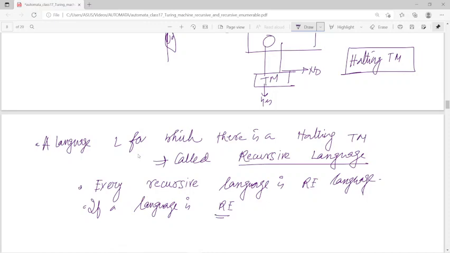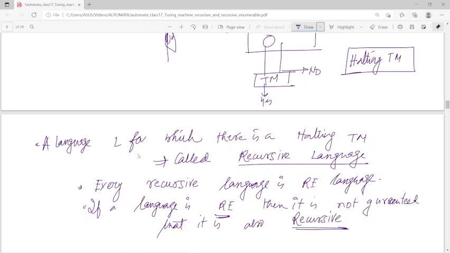If this is recursively enumerable, then it is not guaranteed that it is also recursive, right?